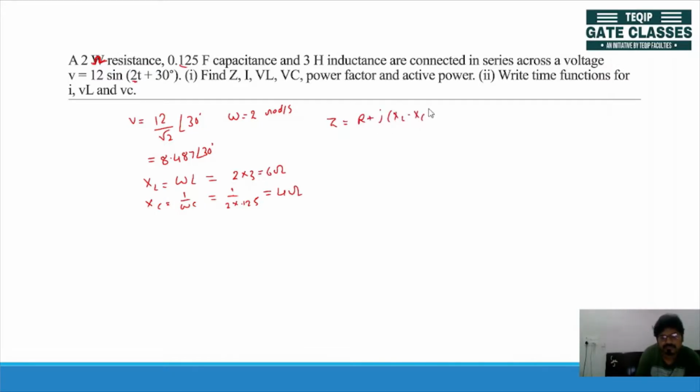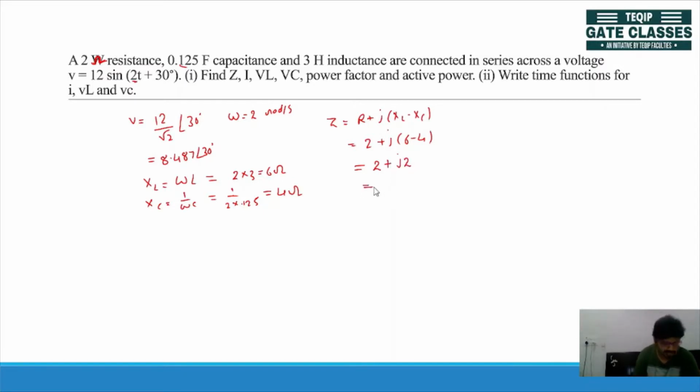Here the resistance is 2 ohm. So you will get 2 plus j 6 minus 4, which is 2 plus j 2.